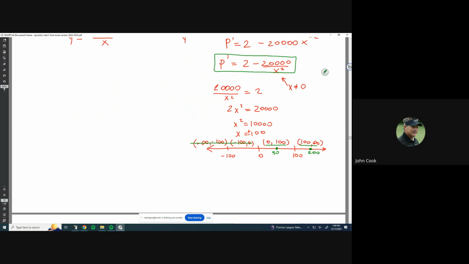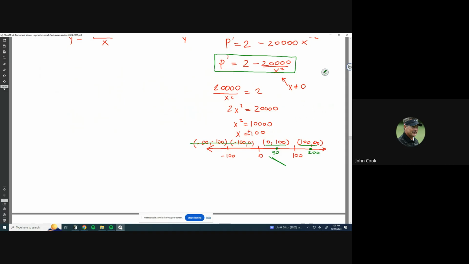If I plug in 50, that would be 2 minus 20,000 over, let's see, 50 squared is 2500. So I think that would be, if I knock off 2 zeros there, 200 over 25, that's 8. So negative 6. So I get a negative number.